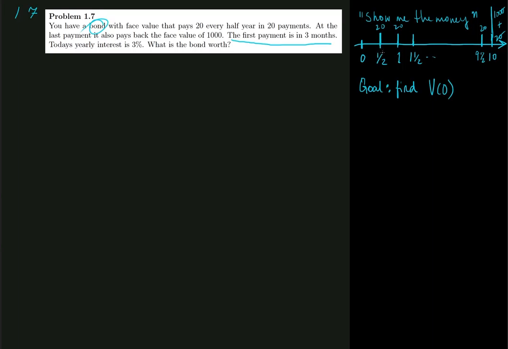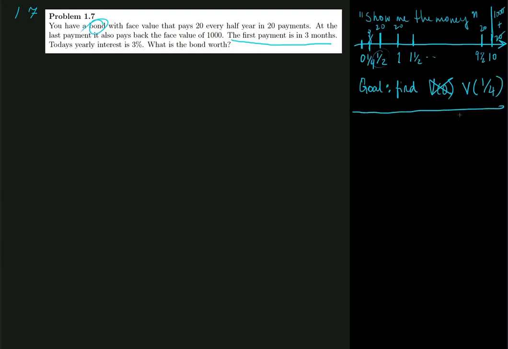Well, the first payment falls here, right? At the end of the first half year. But if it falls in 3 months, that means we're standing here, 1 quarter into the year. So what we want is not to find V of 0. Actually, what we want is to find what the bond is worth now when we're standing 1 quarter into the year. So we want to find V of 1 quarter.